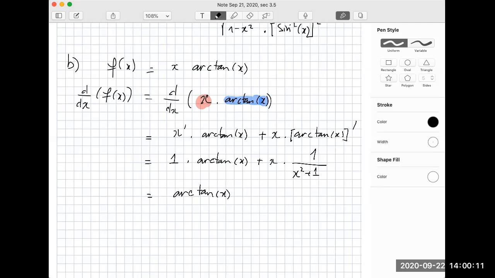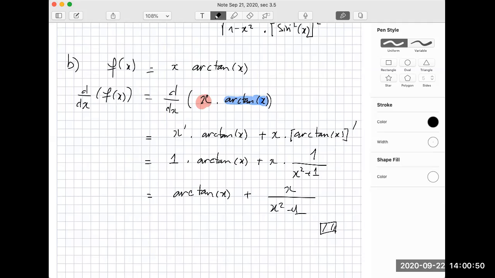And here, what is it? Yes, x over x squared plus 1, right? Very good. That's it. Is that okay? Is it clear? Very good. So, very good.